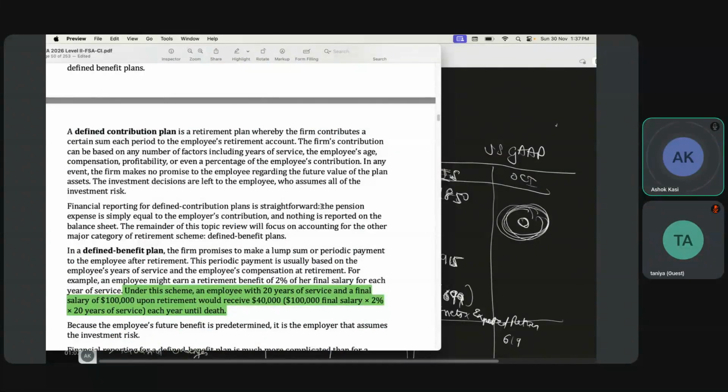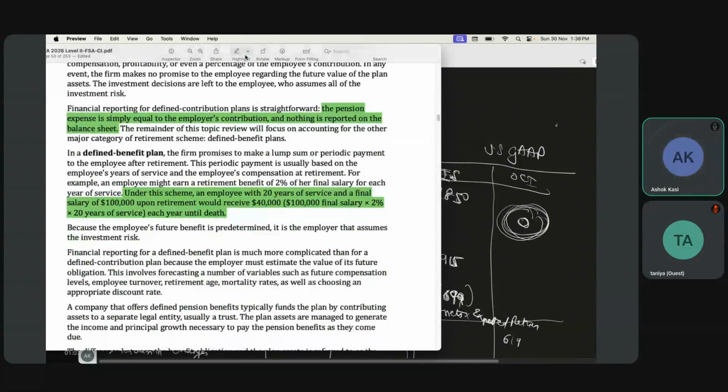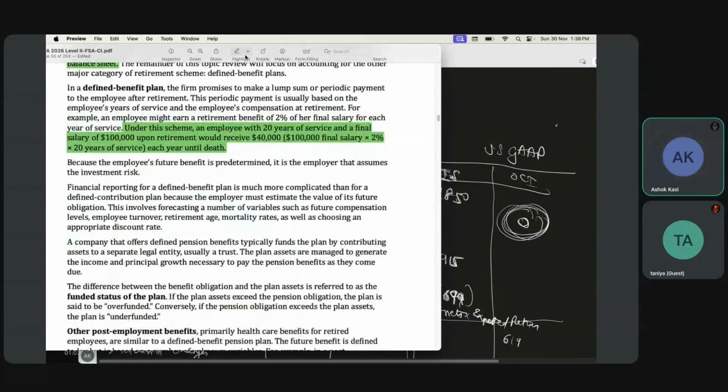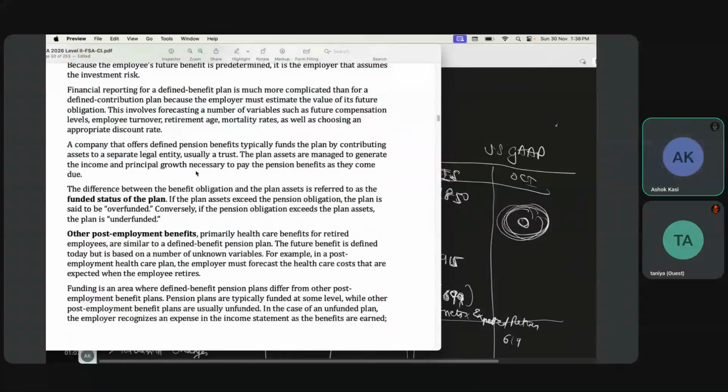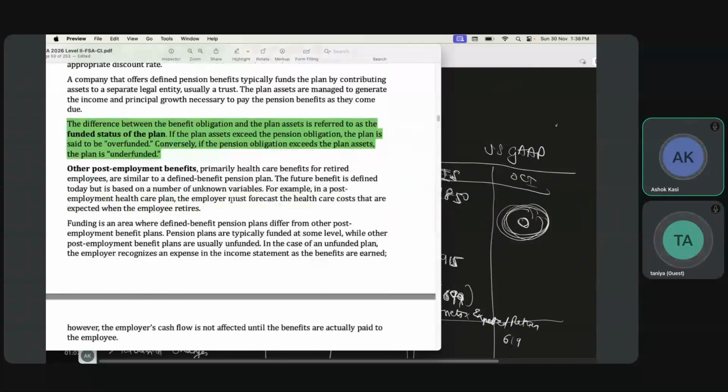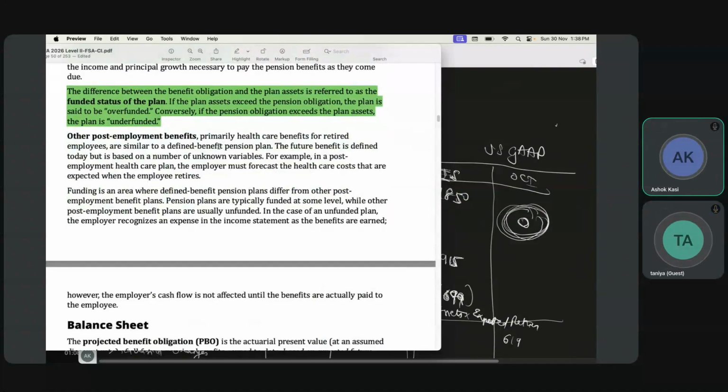Here, this part you can read. These all are okay. Only this page, entire page, you may read. I'll tell you where it will be very complex.